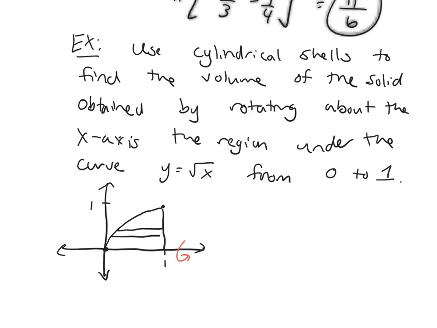So my strips are going to be horizontal. So if you look at our strips, they're horizontal, which means I have a left and a right, which means we're going to be forced to integrate in terms of y. So keep that in mind, integrate in terms of y.